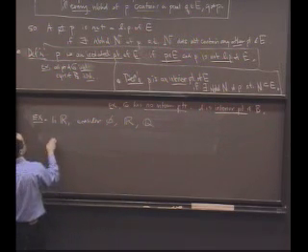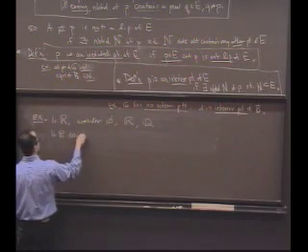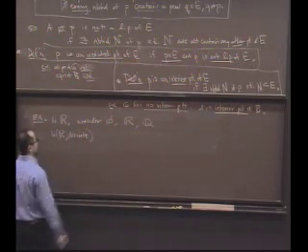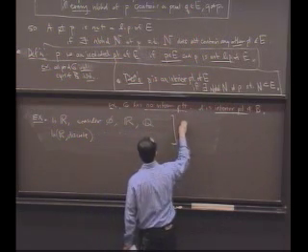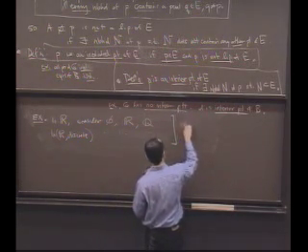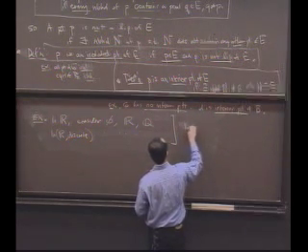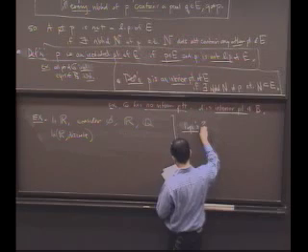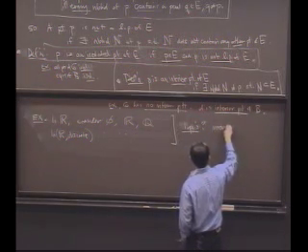And then I want you to do the same thing in R with the discrete metric. Consider these same sets. And the question I want you to answer is, what are the limit points? What are the interior points?